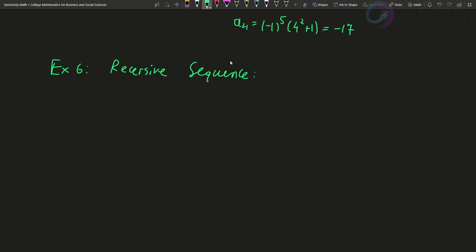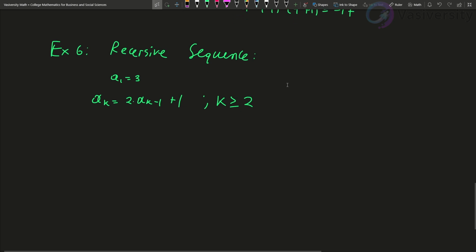So recursive is, well, let's say a sub 1 is equal to 3, but a sub k is equal to 2 times a sub k minus 1 plus 1. Right, and k in this case is greater or equal to 2, because a sub 1, when k is equal to 1, we already have. So that kind of sequences are used in computer science and programming to solve equations. They are very, very useful.